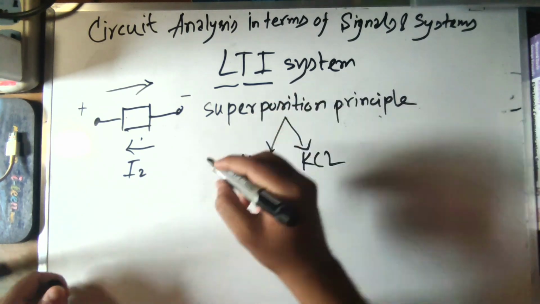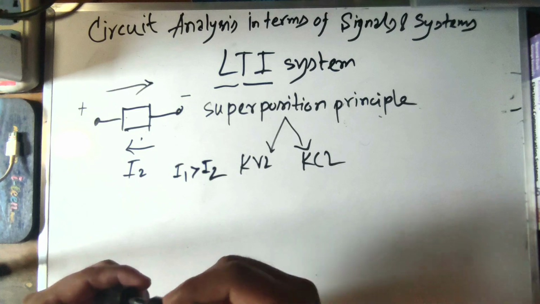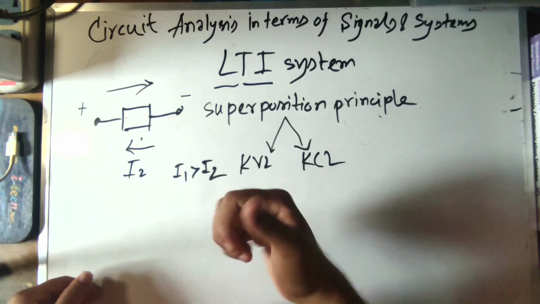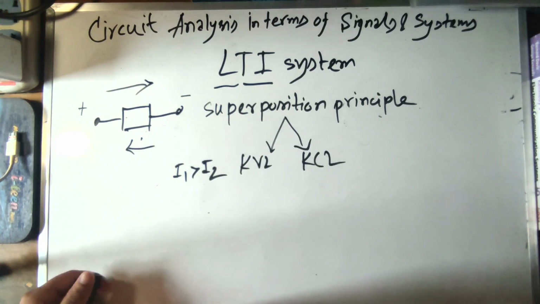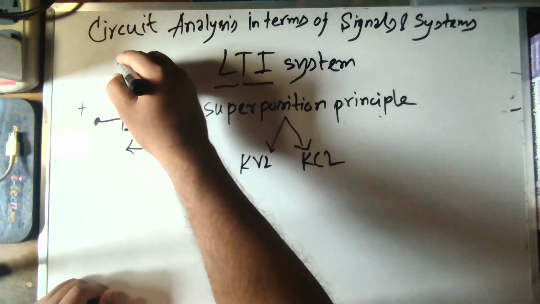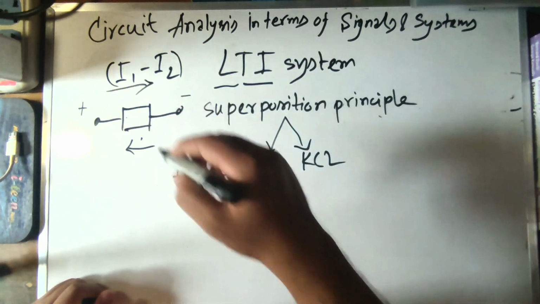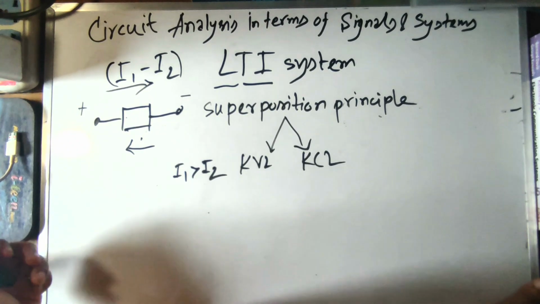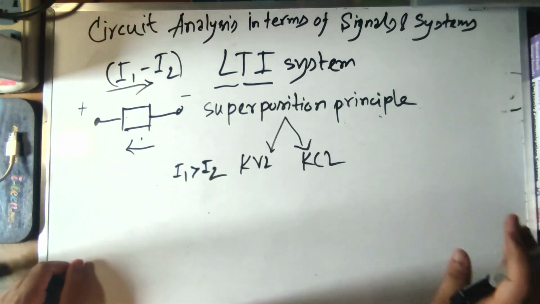Say I1 is greater than I2, so the resultant current will be in the direction of I1, and its magnitude will be I1 minus I2. This is basically KCL, the resultant value, the superposition.